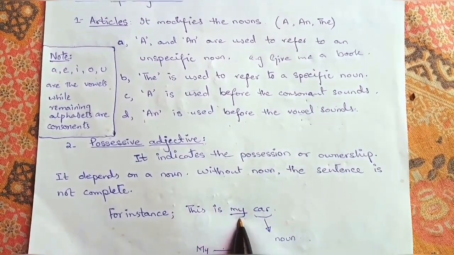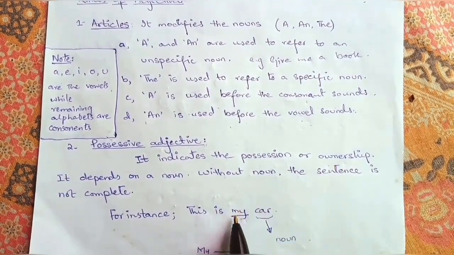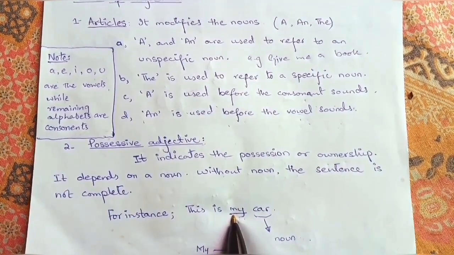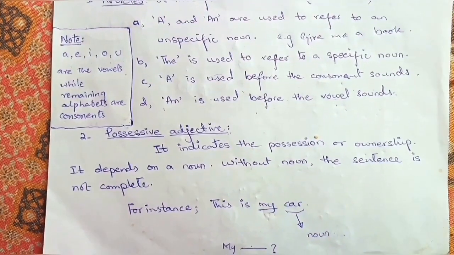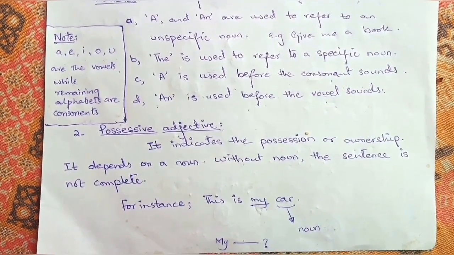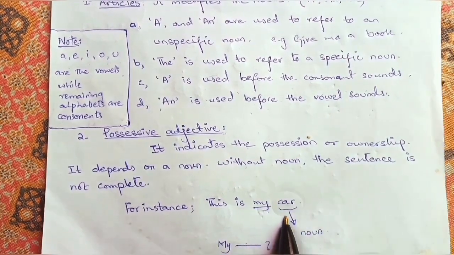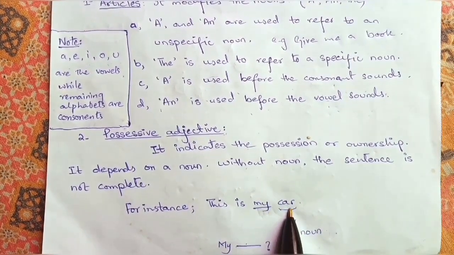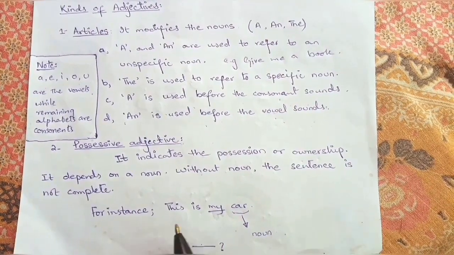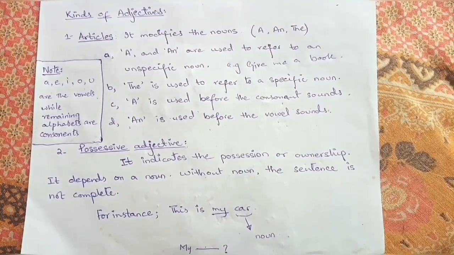So in this sentence, my is the possession because it is showing you the ownership and giving you the element of property. And secondly, you have to see whether a noun is present after the possession or not. In this sentence, yes, a noun is present after the possession. If I say, this is my. So what do you think?